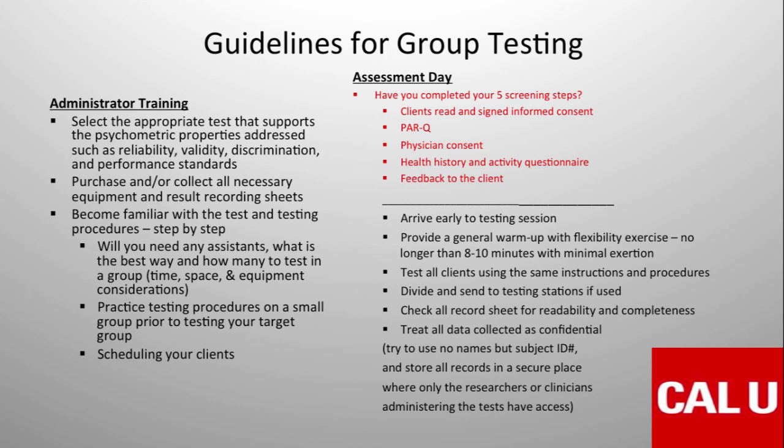We need to become familiar with the test and the testing procedures step by step. For example, will you need any assistance? What is the best way and how many to test in a group? Then we must practice the testing procedure on a small group prior to testing the target group. Lastly, you need to schedule your clients.